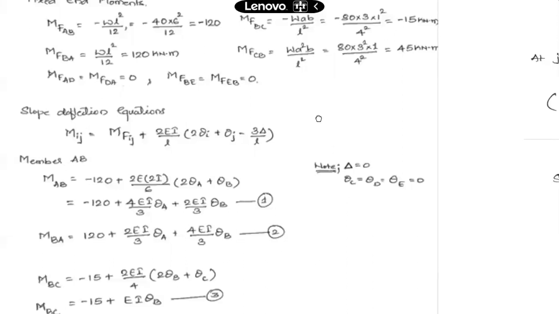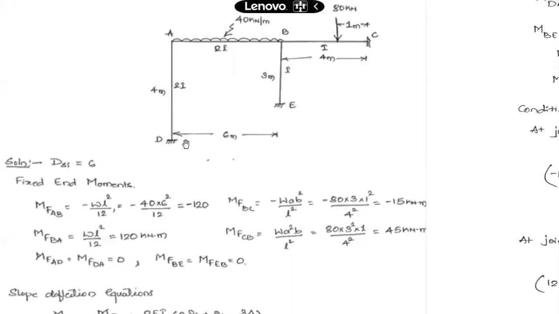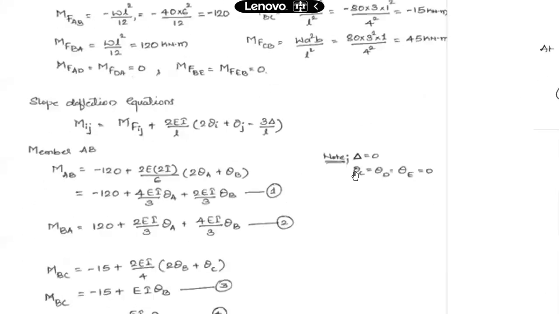Also the rotations: D, E and C are fixed supports, so the rotations theta C, theta D and theta E remain 0. There will not be any rotation at these three joints.